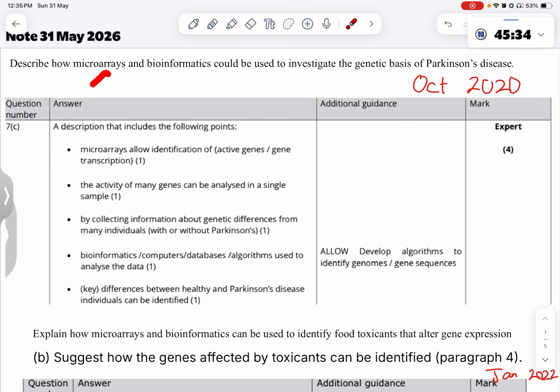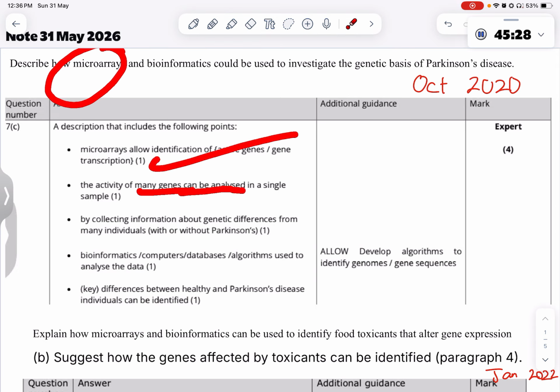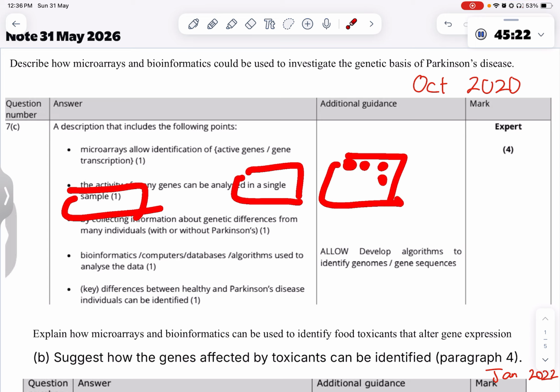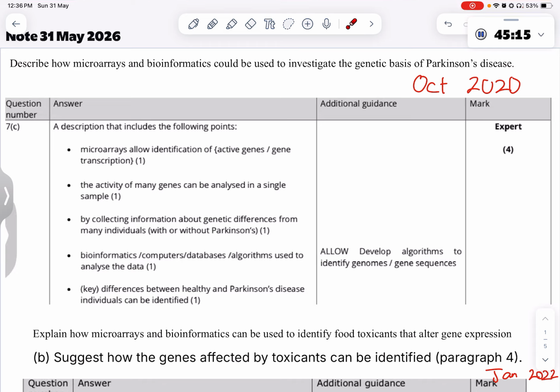Then you will explain the role, where microarrays will identify or analyze the activity of many genes in one single sample. In this single sample, you have hundreds or thousands of probes. This would analyze the genetic activity of many genes. You collect information about genetic differences from many individuals, with or without Parkinson's.